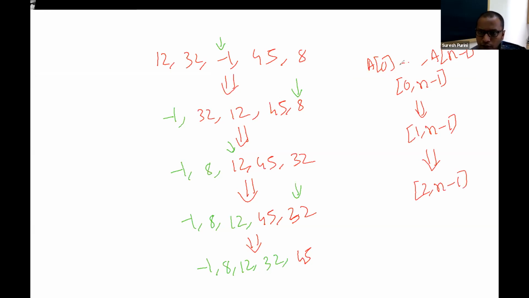Whenever you find the smallest element, you move it to the beginning of the remaining range. This is what is called the selection sort algorithm. The challenge problem for you is, given this algorithm, can you go ahead and write a C program for this?